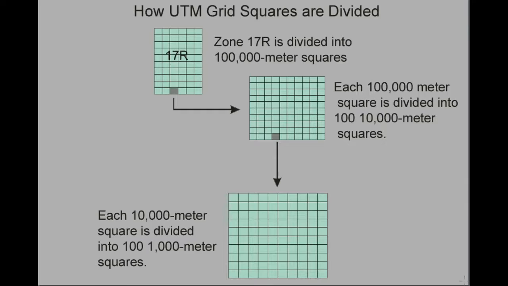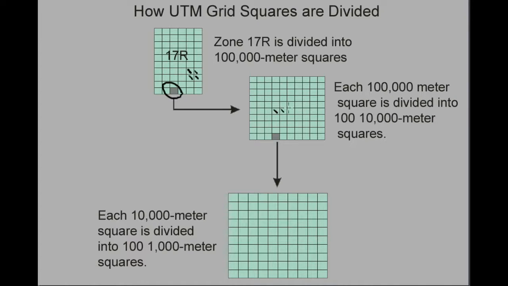Okay, so let's look at a bit more about how UTM grid squares are divided. We said that quadrant 17R was divided into individual little squares that are 100,000 meters times 100,000 meters. We're going to take one of those little squares and zoom in on it, and this 100,000 meter square is divided into 100 10,000 meter squares.